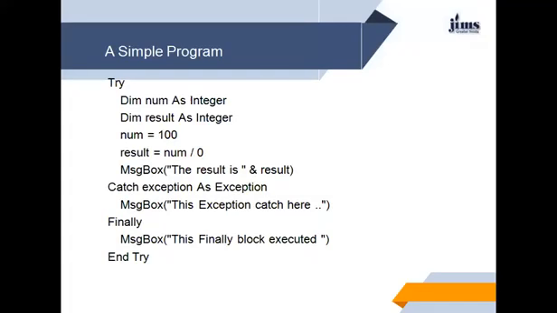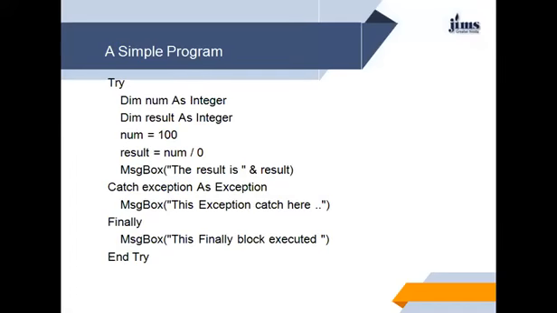Since we are attempting to divide a number by 0, it will raise an exception. We will use MsgBox to display the message in VB.NET: the result is %result. Now, after the try block, we will use catch ex as Exception.